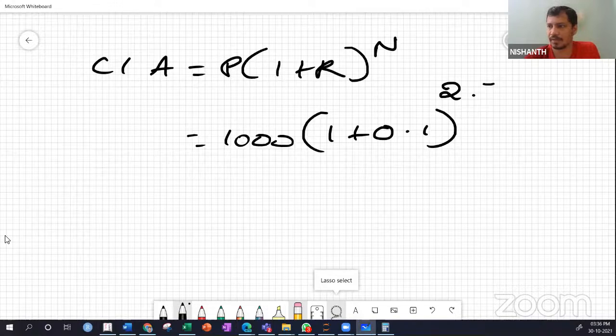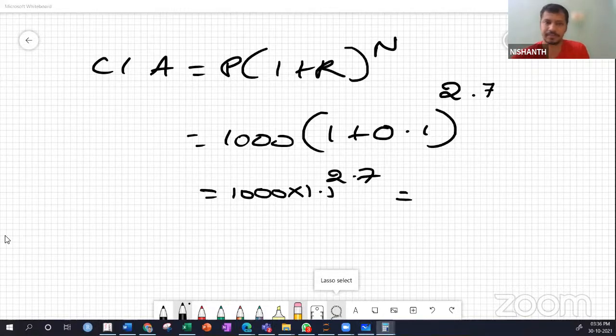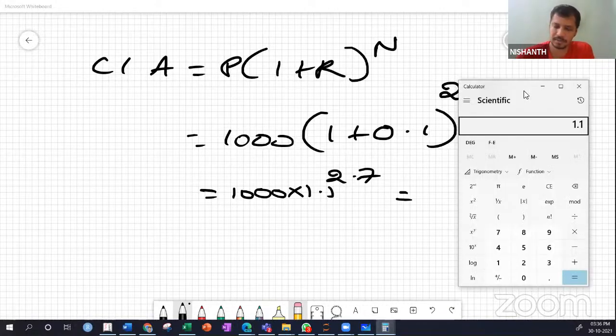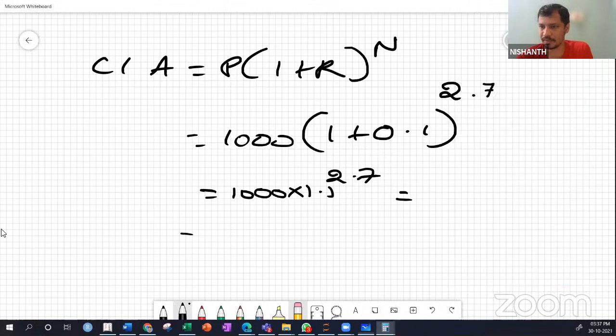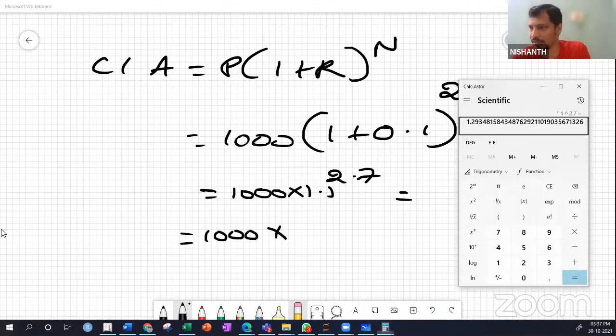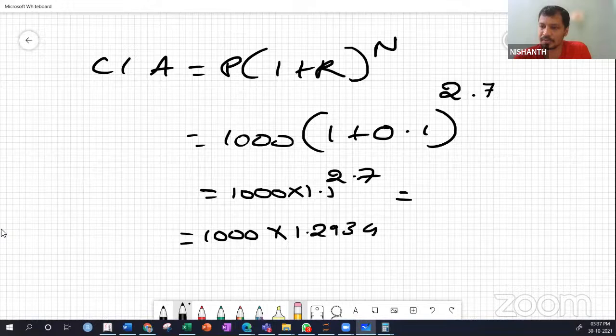So let me take it as 2.7. 1000 into 1.1 to the power of 2.7. Let's check technically what is correct. What is the exact answer? 1.1 to the power of 2.7, you get something like 1.2934.